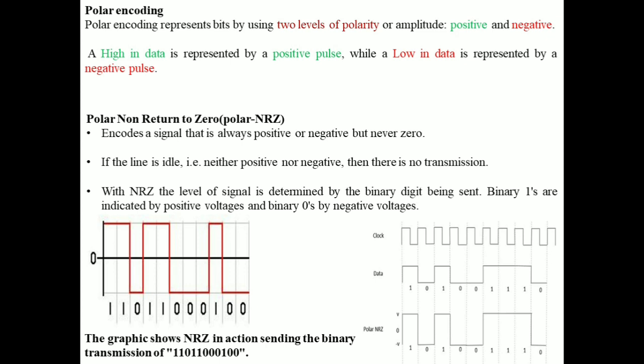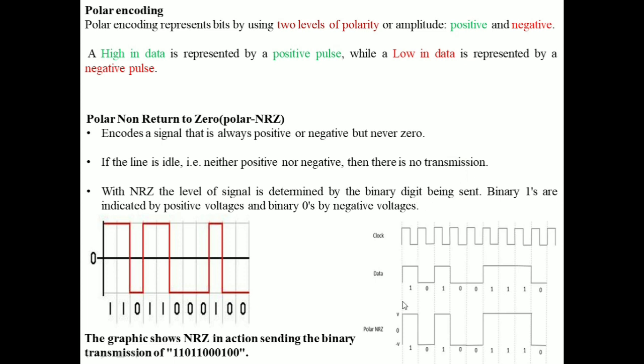Let us see the first variation of polar encoding, that is polar non-return to 0 or polar NRZ. This technique encodes a signal that is always either positive or negative, but it never goes to 0. If the line is idle, that is, neither positive nor negative, then it indicates that there is no transmission.